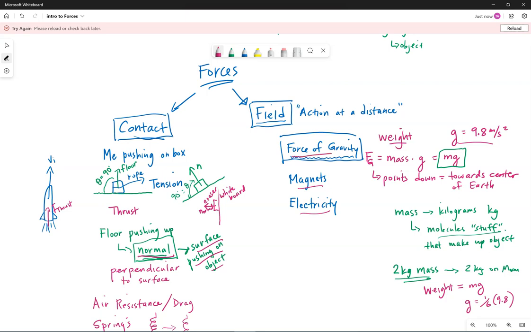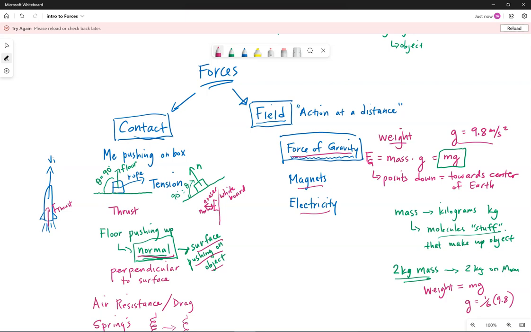All right, so as we are moving through this section, our main field force, of course, is gravity, the force of gravity. All the other forces are going to be contact forces, meaning there's some sort of physical contact between an object and its acting agent, and a push or pull occurs because of that.